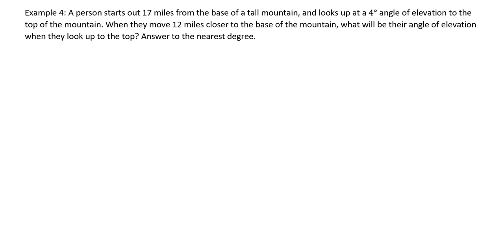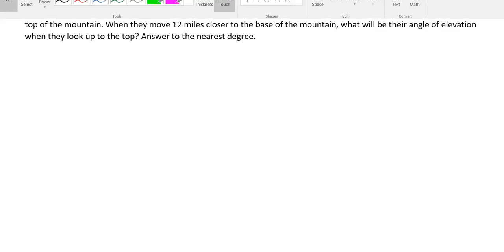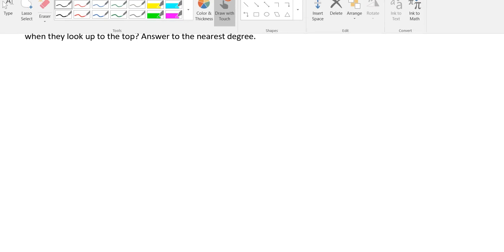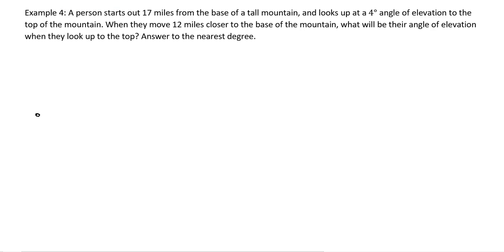So a person starts out 17 miles from the base of a tall mountain and looks up at a 14-degree angle of elevation to the top of the mountain. Okay, so I'm going to draw that. My person's here. Person.